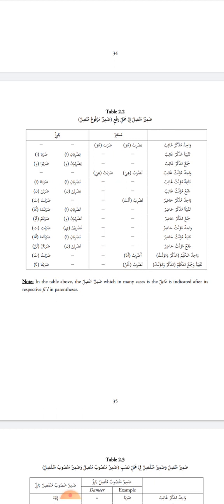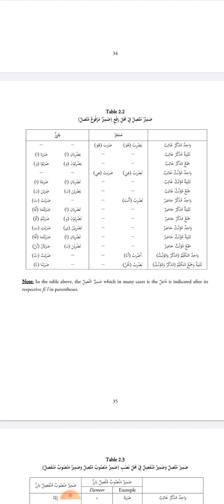And also inside darabat. Darabat is siga wahid mu'annath ghaib. So in the siga wahid mudhakkar ghaib the dhamir can be hidden, and also in the siga wahid mu'annath ghaib, fi'l mudari' and madi. Hiya dhamir is mustatir inside tadribu and darabat. Tadribu, she hits or will hit. Darabat, she hit.